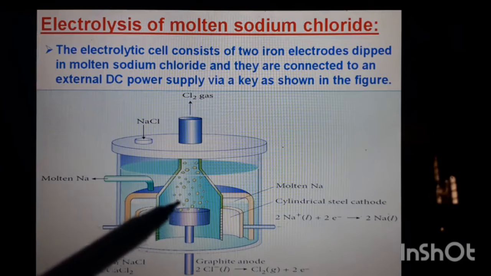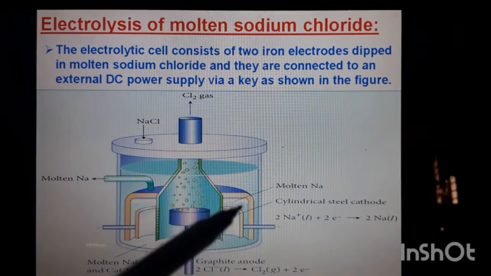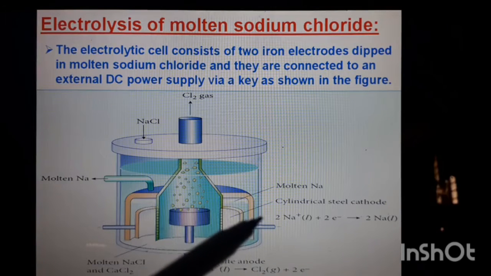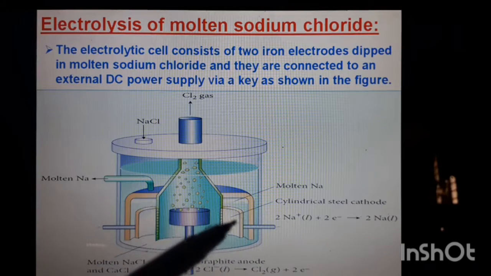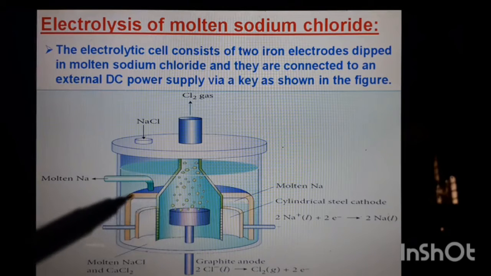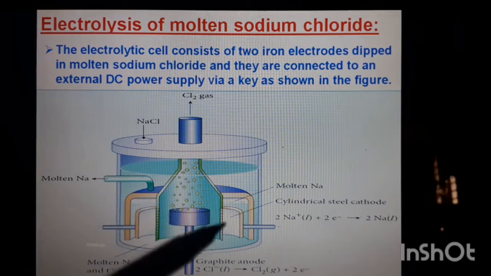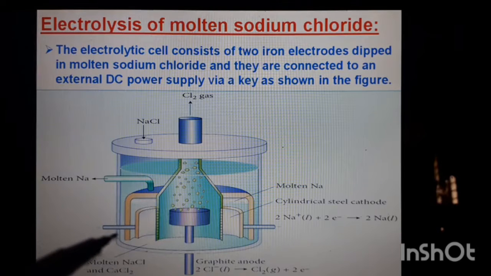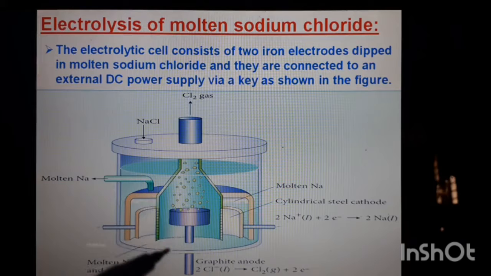They are connected to an external DC power supply. DC power supply means from the switchboard. The key is shown in the figure. You see the diagram.